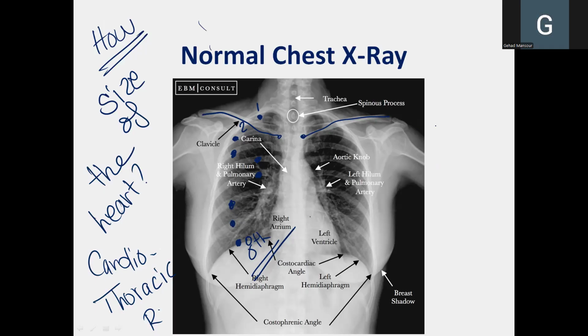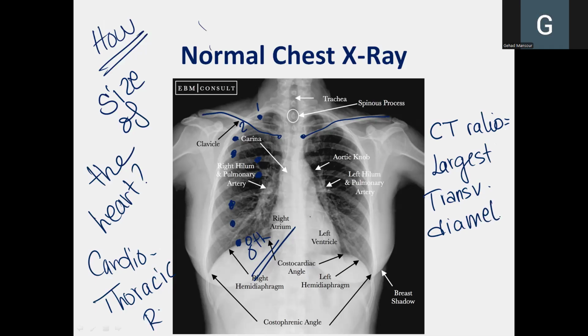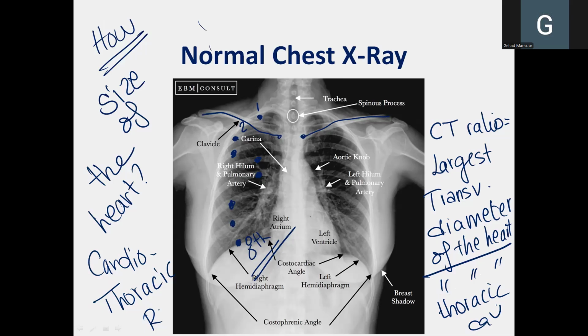The cardiothoracic ratio equals the largest transverse diameter of the heart divided by the largest transverse diameter of the thoracic cavity.